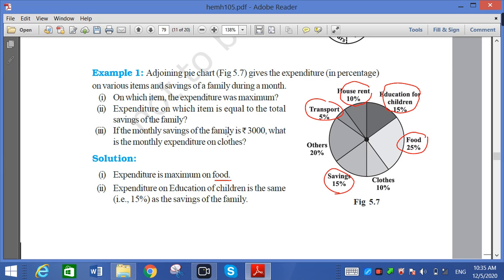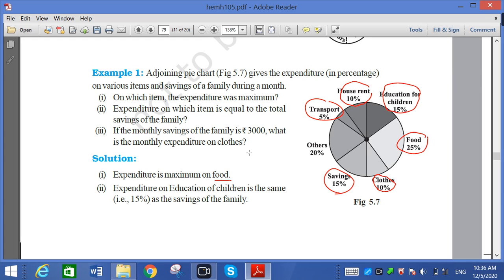If the monthly saving of the family is 3000, what is the monthly expenditure on clothes? So how much is on clothes? 10% is clothes. If monthly saving of the family, what was the whole month's saving? 3000.